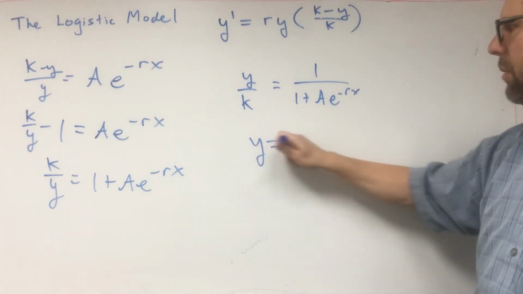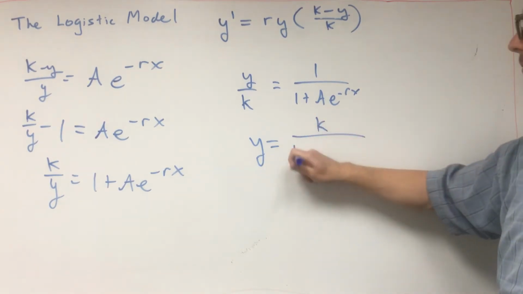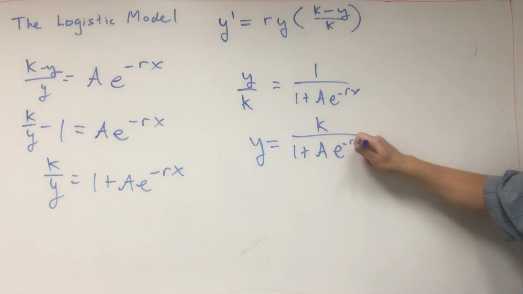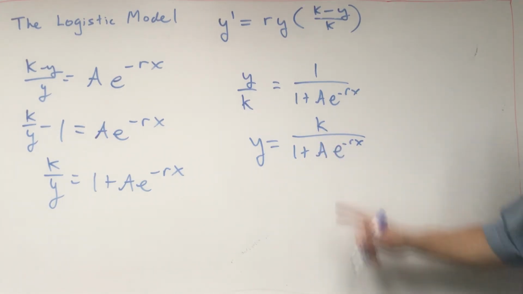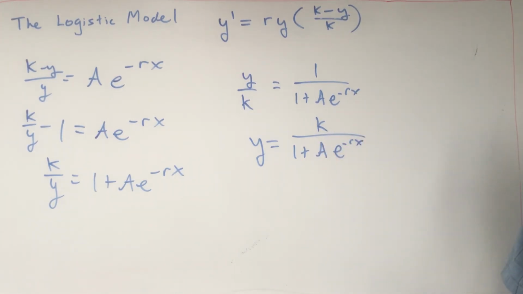And finally, multiply by k. Now, if this equation also had an initial value, we could use that initial value to solve for A. And that's going to depend on both k and the value that's provided. I'm going to stop here with the logistic model, though.